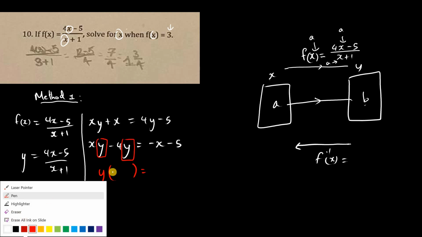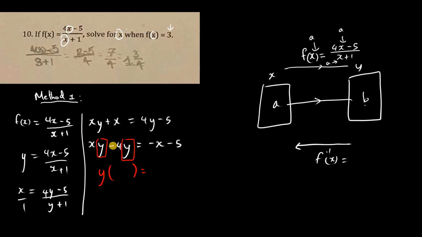When I factor out the y, I'm left with x minus 4. If we use the distributive property, y times x, we get back xy, and y times minus 4, minus 4y. So it makes sense. Then we want to isolate the y, so we divide by x minus 4, since it's multiplying y. It goes into itself once.